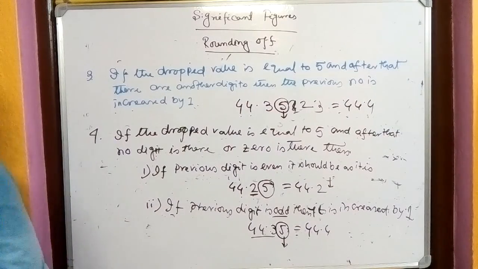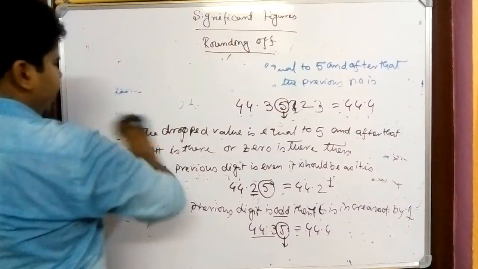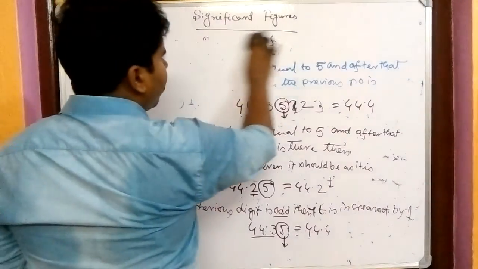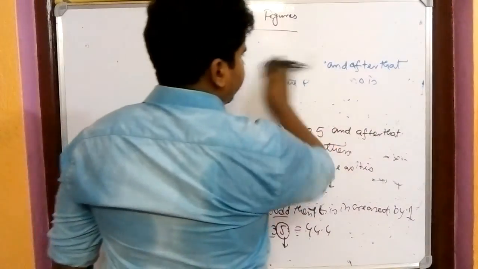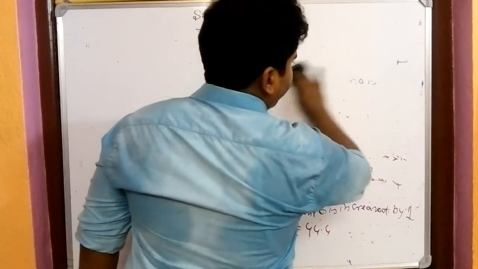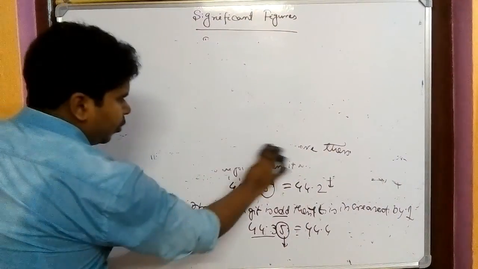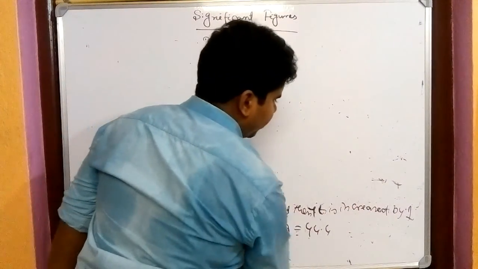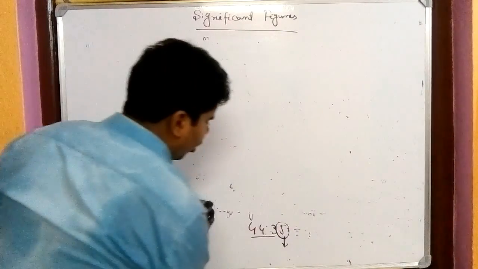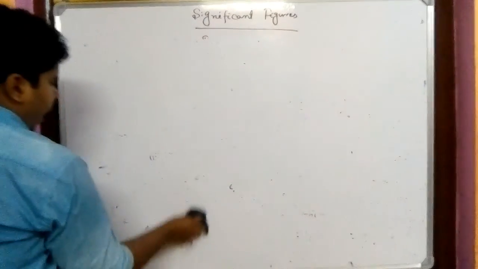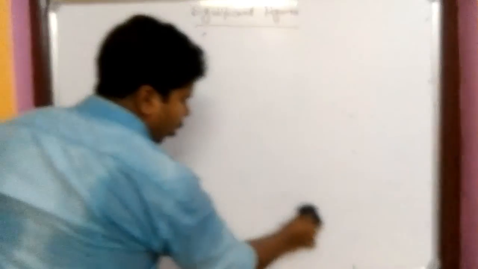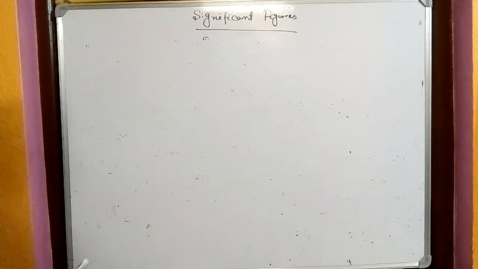Okay, you might be saying, sir, it is very easy, no problem. My dear friends, if there is no problem, then we will go for the next case, that is rounding off in case of addition, subtraction, and multiplication, division.